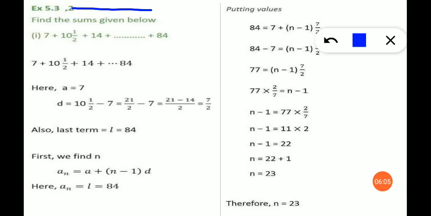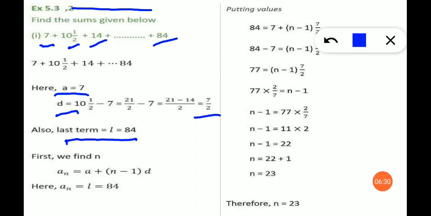Here the AP is 7, 10 1/2, 14, and so on, and the last term is given as 84. Here n is not given, a is given to us as 7, d we can find out as 10 1/2 minus 7, which is equal to 7/2, and the last term l is given as 84.